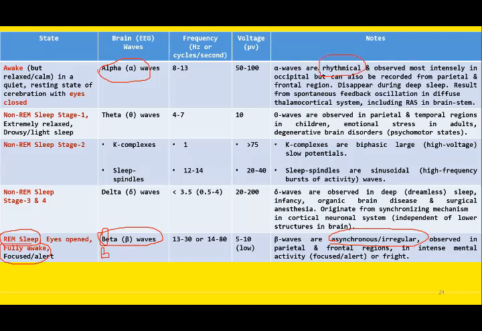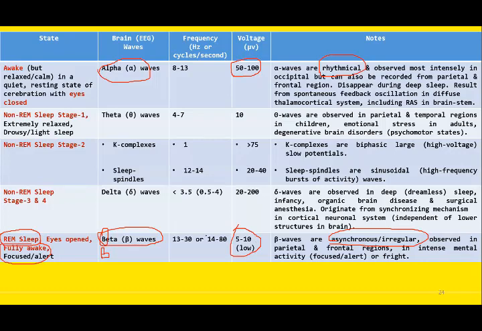So this is one of the differences between the two types of waves. Alpha waves are synchronized, beta waves are asynchronized or desynchronized. Moreover, the amplitude is much lower as compared to the alpha wave. The amplitude of alpha wave can rise as high as close to 100 microvolts, and the amplitude for beta wave is close to 5 microvolts only.